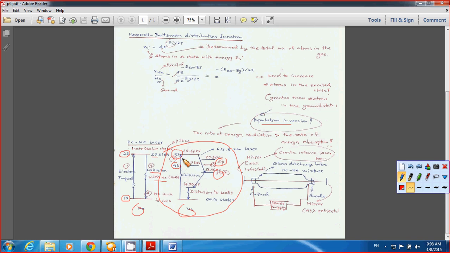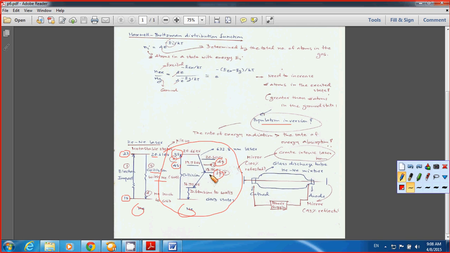Now the neon atom itself tries to go to the lower energy level. So when it comes down here, it will release another photon, and it's going to be absorbed by another atom.